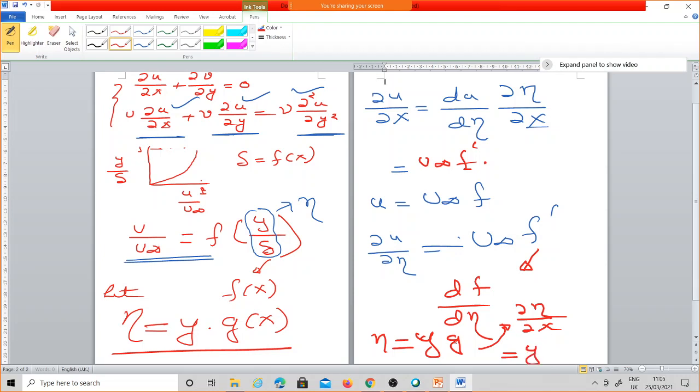But in this case, g is a function of x, so d eta by dx, you will have g prime. So del eta by del x is nothing but y g prime.